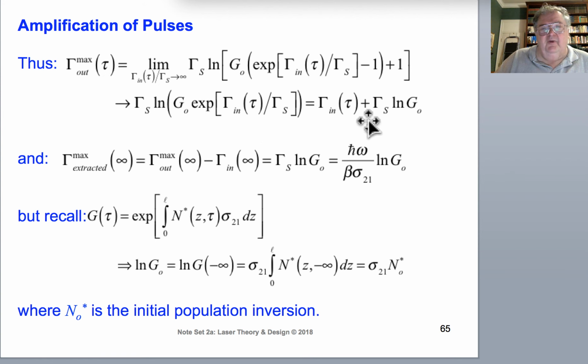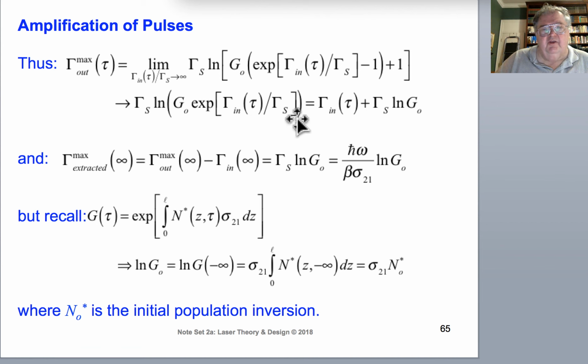So we have gamma times the ln of G0 plus this term, which is just gamma in over gamma sub s. The gamma sub s is cancelled. It's harder to say the algebra than to do it. You could do basic logarithm exponential, and this is what you get.